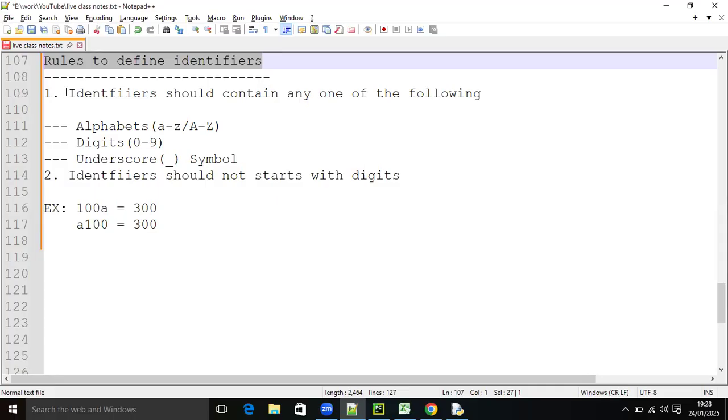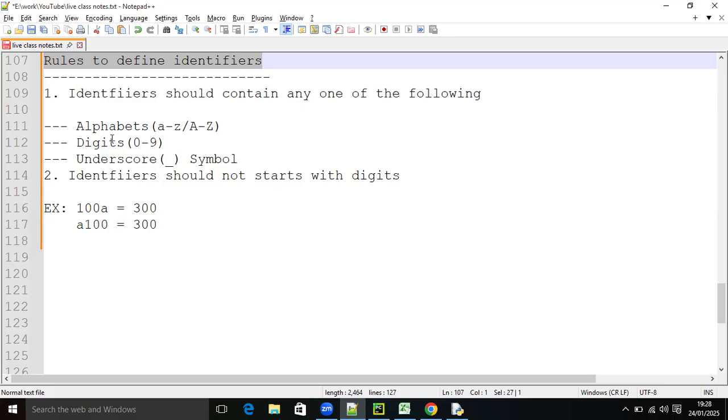So in the last class, we discussed this one. An identifier may contain alphabets, digits, and underscore, and an identifier should not start with digits. If it starts with alphabets, it will accept it. If it starts with digits, it will not accept.